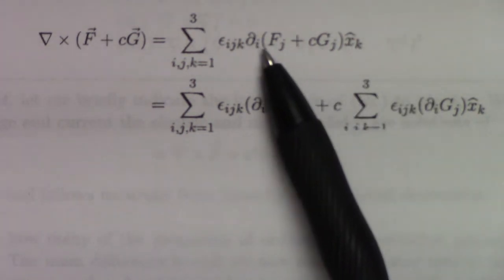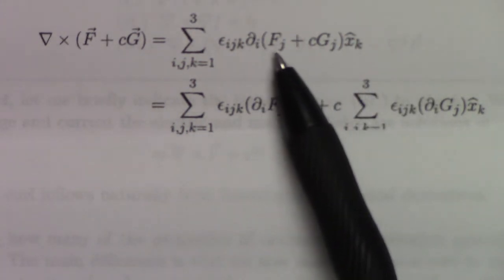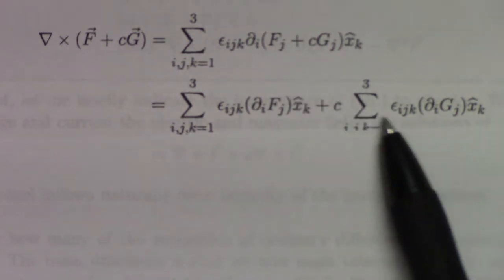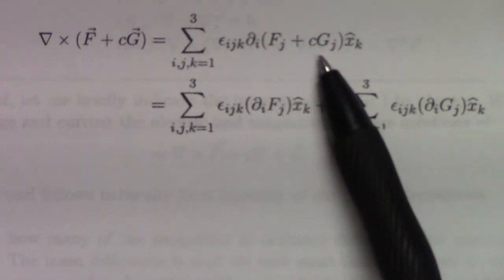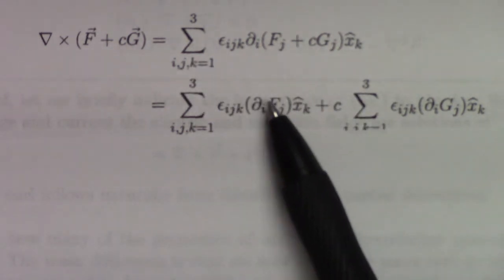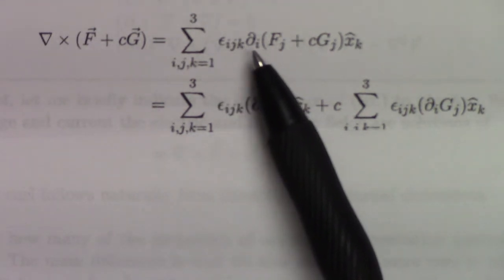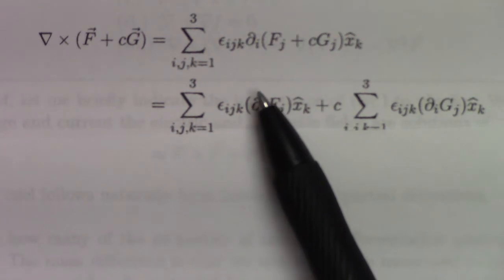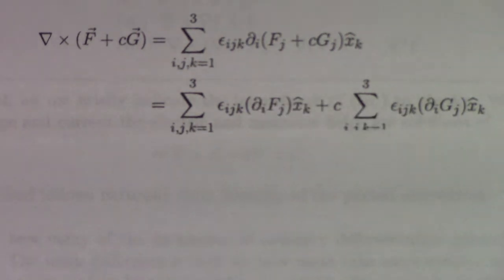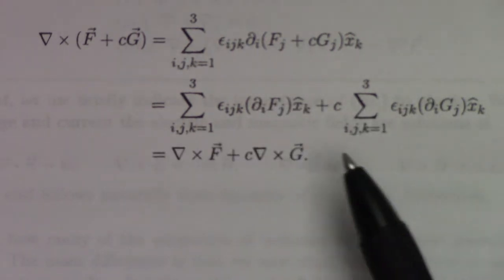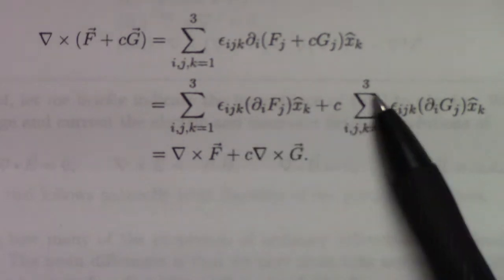And then, well, by properties of partial derivative differentiation, I can break the sum up and pull the constant out. And then likewise for the finite sum, I can break the sum of sums into a sum of sums. Anyway, properties of finite sum, I can pull the constant out and break up the addition.